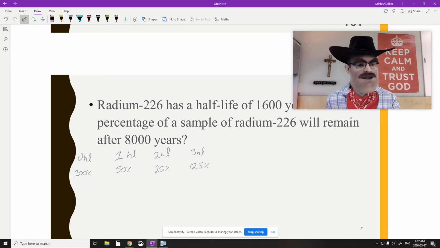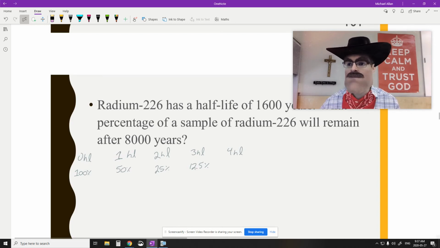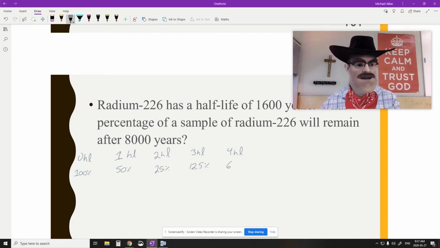I'm just dividing by 2 each half-life. 4 half-lives, I don't want to do the math in my head here, 6.25, right? Yeah, 6.25%. And my last half-life is going to be whatever this last number is divided by 2. So 3.125.